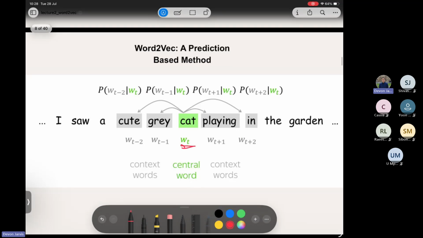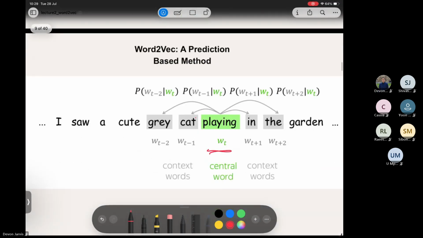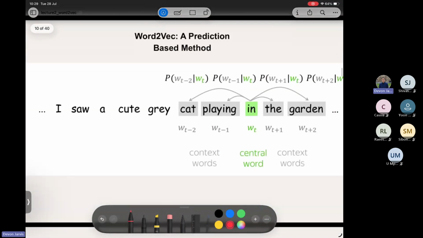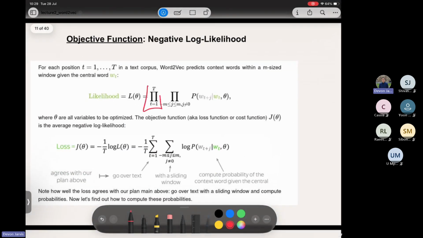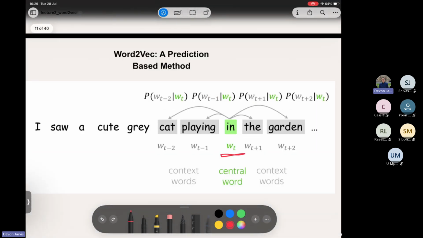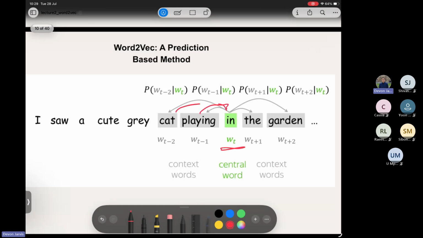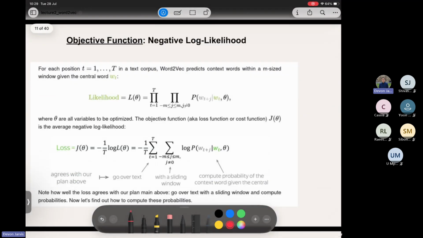This sliding of the green over here, the green block, my central word, that is this product over here. Okay, these arrows coming on either side, you can see there's 2 on the right, 2 on the left. That's my M value. All right, 2 on the left, 2 on the right. And we're not taking into account the focal word.